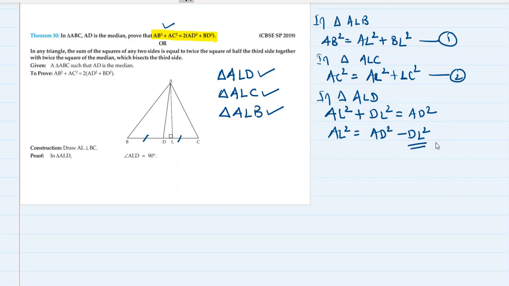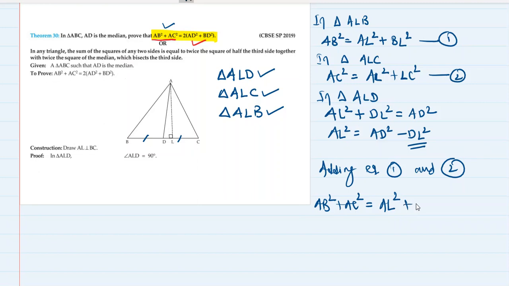Now see, what do we have to prove here? AB square plus AC square's value is equal to something. So let's first add equations 1 and 2 and find AB square plus AC square, because equations 1 and 2 give the value of AB square plus AC square, right? So adding equations 1 and 2, AB square plus AC square is equal to AL square plus BL square plus AL square plus LC square.